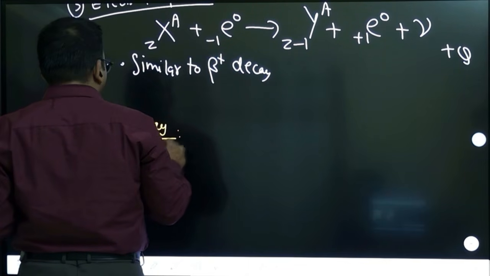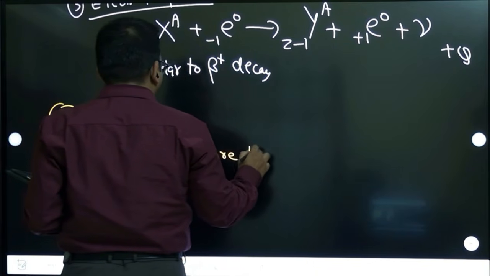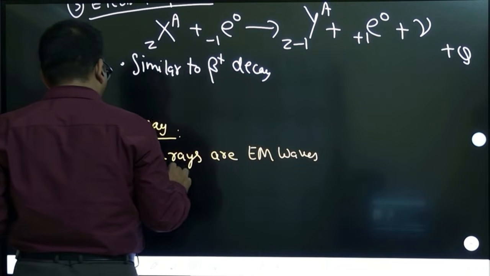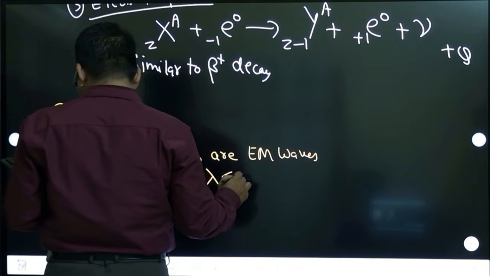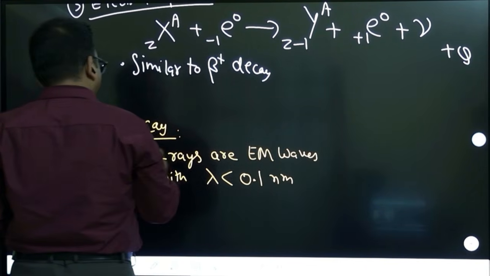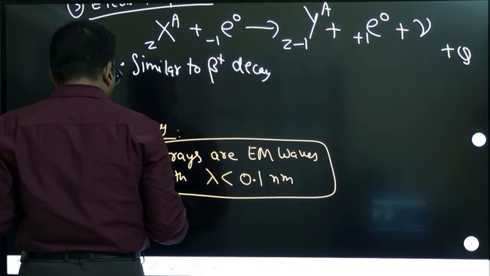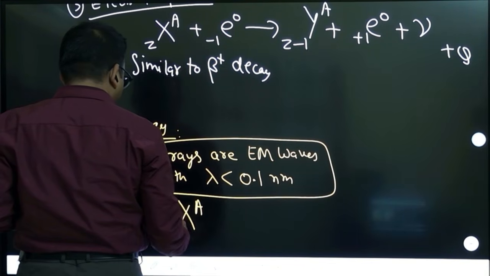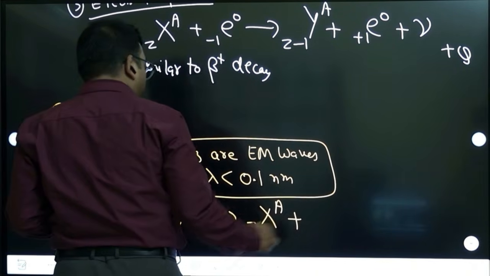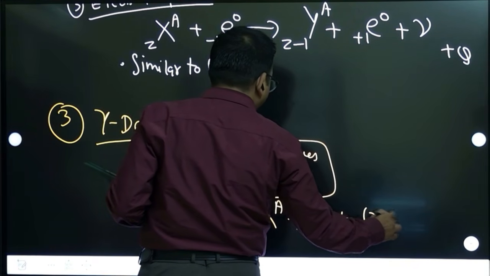So we should know that gamma rays are electromagnetic waves with wavelength lambda less than 0.1 nanometer. So these are nothing but photons which are coming out. Suppose X with Z and A is there, there will be no change in this, but photons are coming out. These photons are gamma rays.